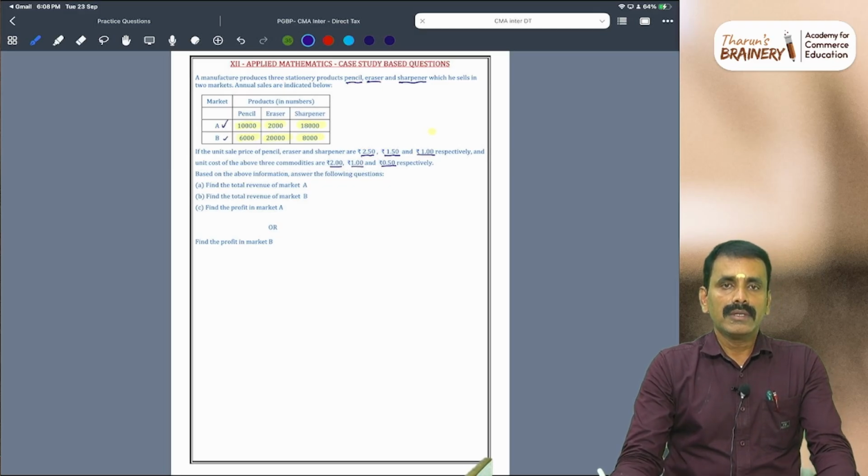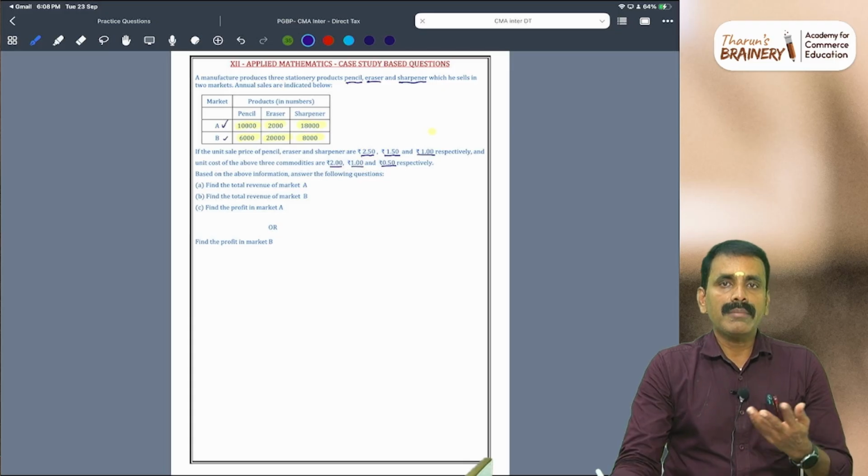Is it clear? So, how to represent the given data in matrix form?